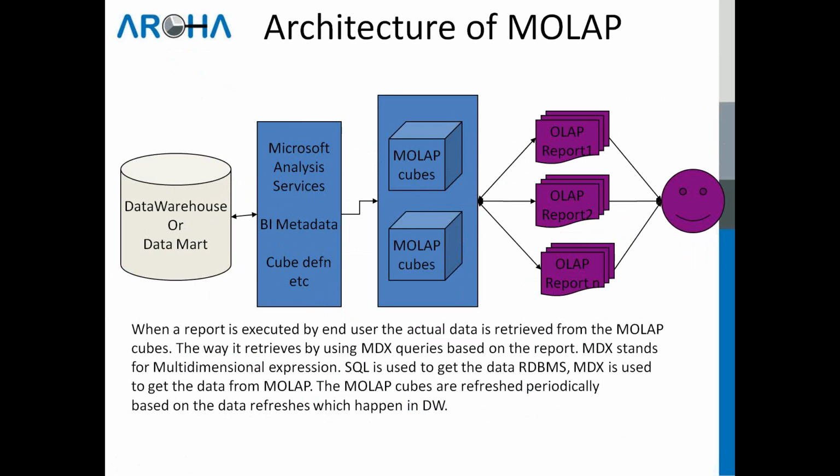In my cube, I want only 15 quarters of data. There is a difference already. The data in your data mart is sitting in RDBMS, in tables and joins and all that, whereas when you build SSAS, it is one cube which makes your analysis faster. That's the only difference.